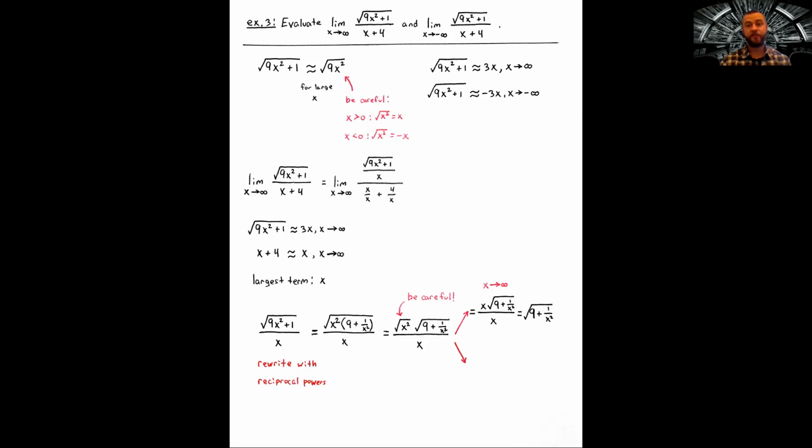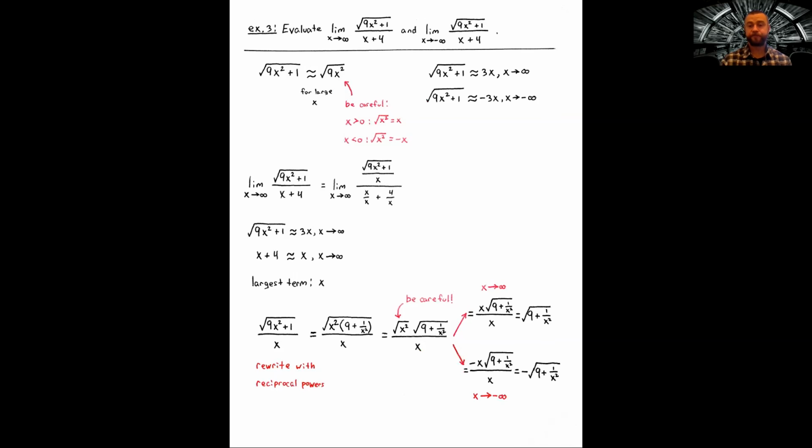Now, as x approaches negative infinity, when x is negative, the square root of x squared doesn't cancel to x. It properly cancels to negative x. Now we get an overall similar end result, but that extra negative gives us this whole fraction simplifying to negative the square root of 9 plus 1 over x squared.